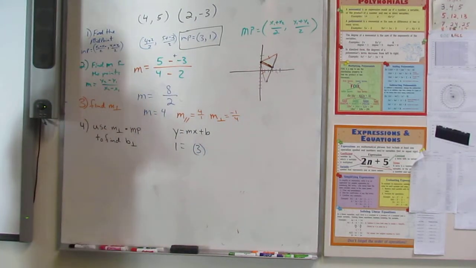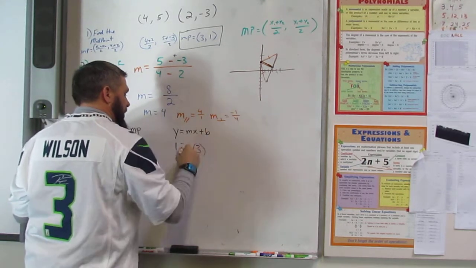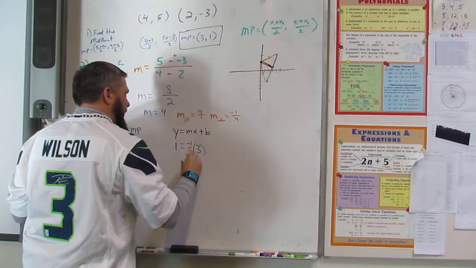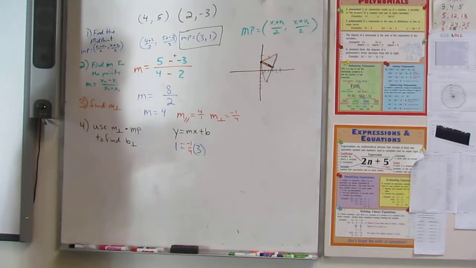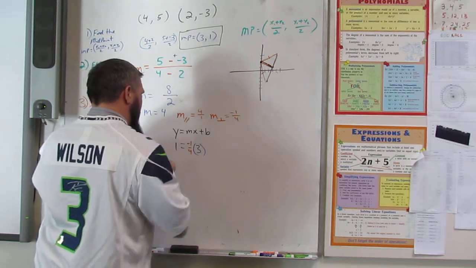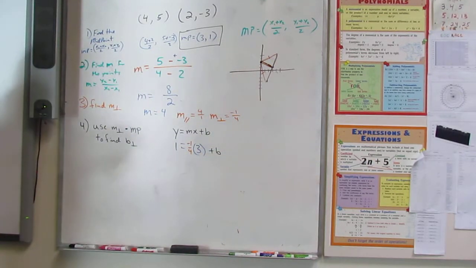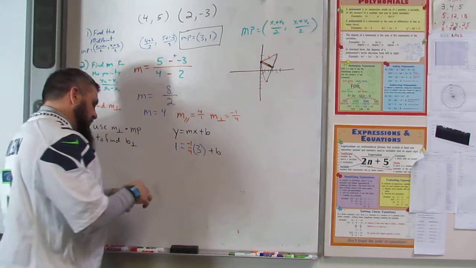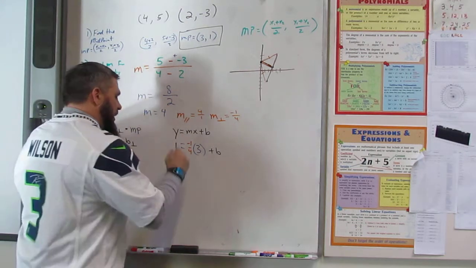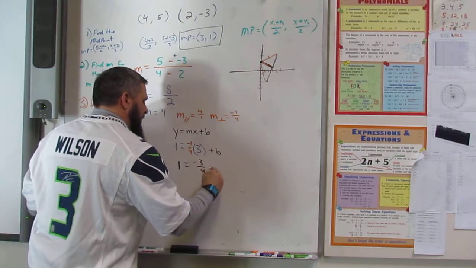Okay? The m perpendicular is negative 1 over 4, right? And the b, well, it's just the unknown. I have no idea. Okay? I don't know what b is. And so, now I come with 1 is equal to negative 3 over 4 plus b.